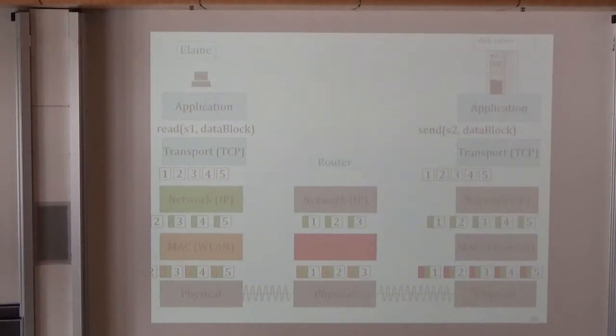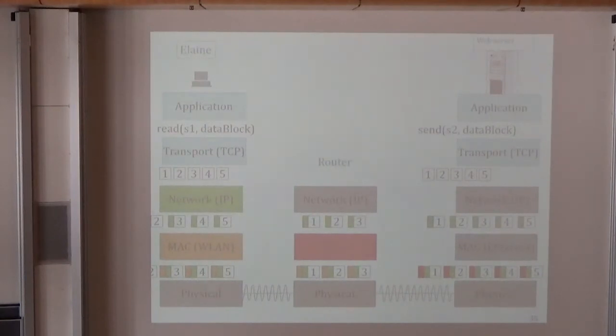And then the data is available in the transport layer buffer, and now it is not true that the transport layer would give exactly the same block as the application program wrote. The transport layer, in principle, does not give anything. It's the application layer that has to get the information from the transport layer.